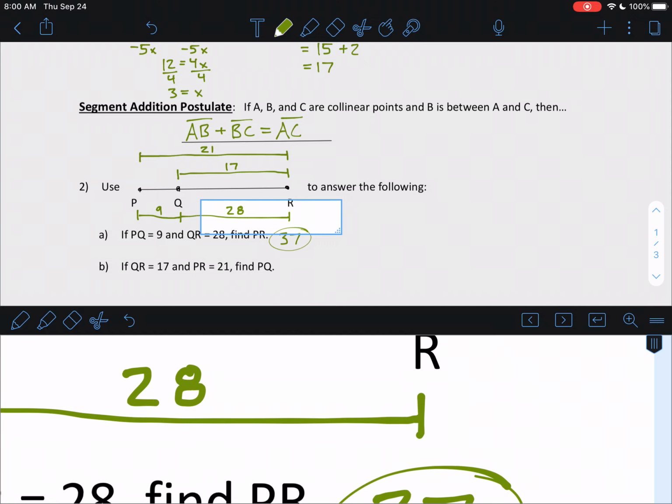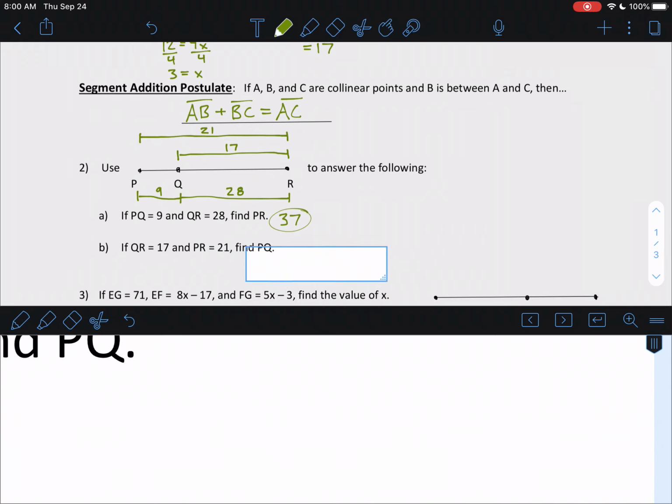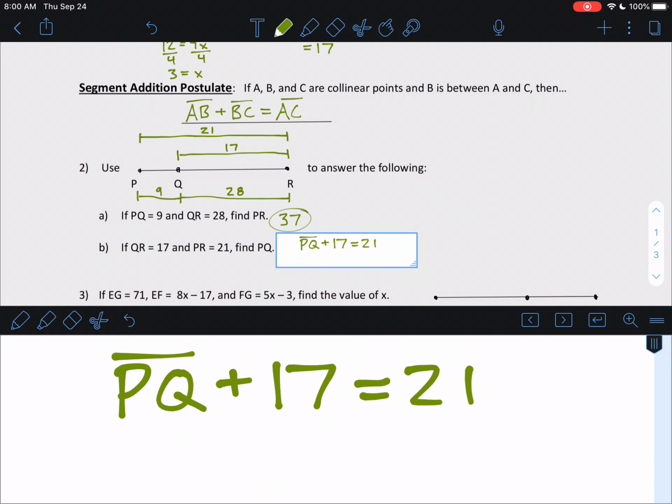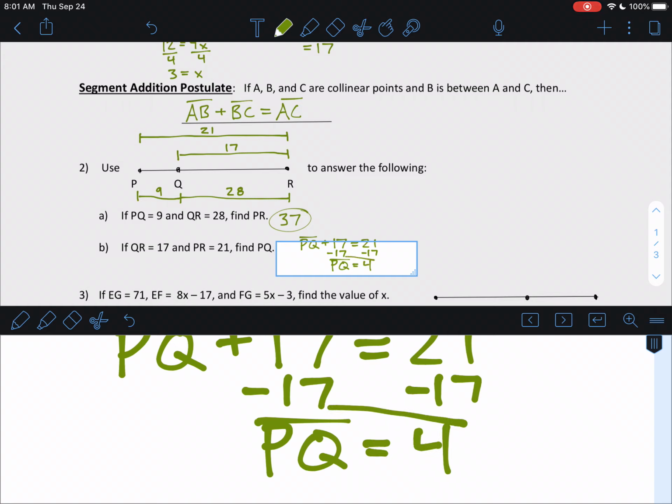All right, so using the segment addition postulate, I want to find PQ. I know that PQ plus QR, which is 17, equals 21, which is PR. So all I need to do to find the length of PQ is subtract that 17 from both sides. So that means PQ equals 4. The distance between P and Q is 4.